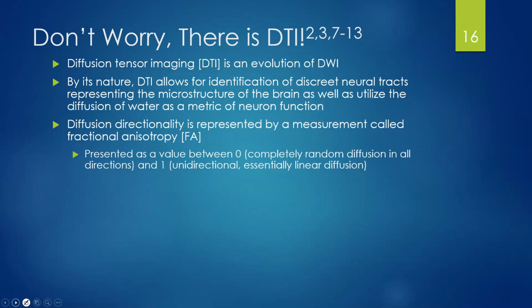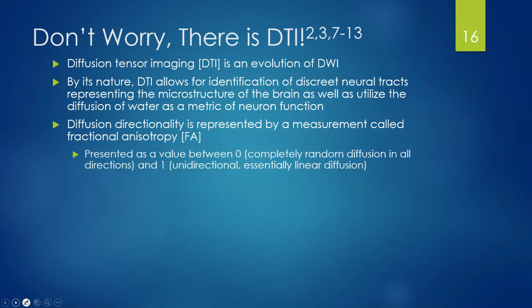FA has a value of pretty much between 0 and 1. And 0 is, as you'll see in a video coming up, like a drop of ink dropped into a beaker of water, where essentially those molecules go in every direction completely chaotically.